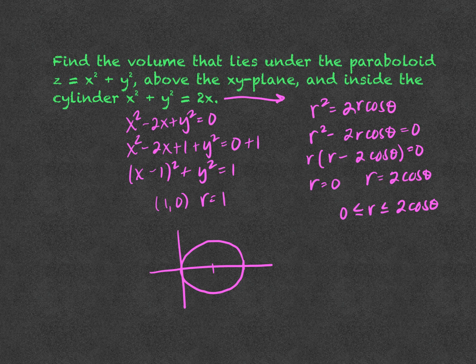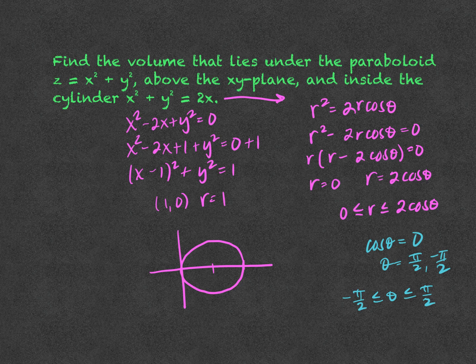Now, because of these two equations, we're going to say that cosine theta equals 0, and that means theta equals pi over 2 and negative pi over 2. So that's going to give us our boundaries for theta. So we're going to say that we have negative pi over 2 and positive pi over 2, and theta is between them.